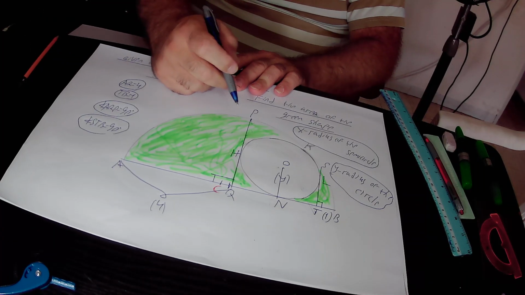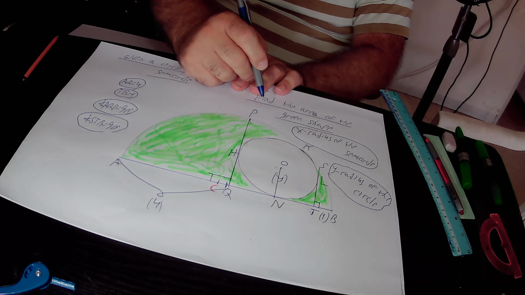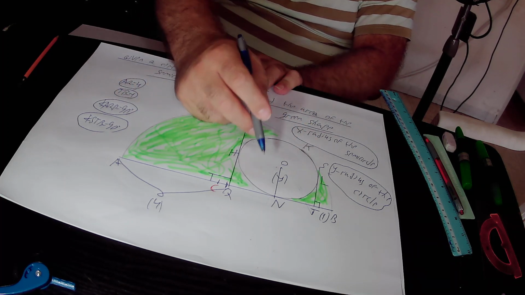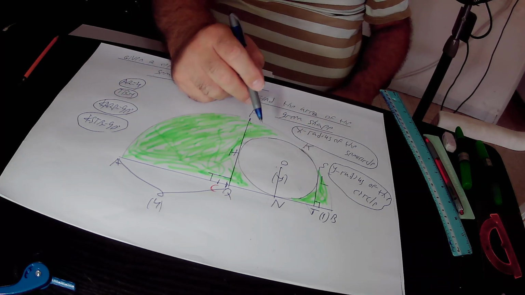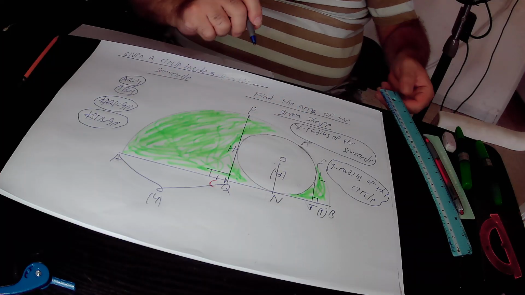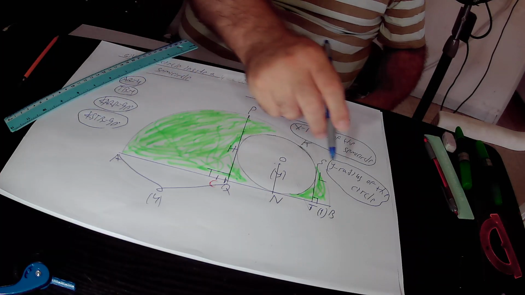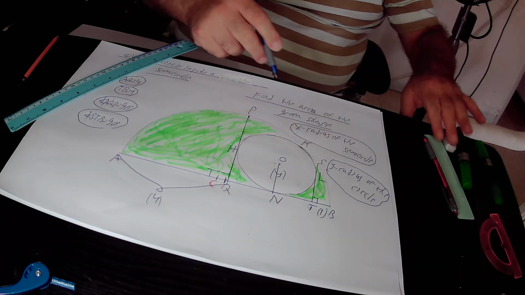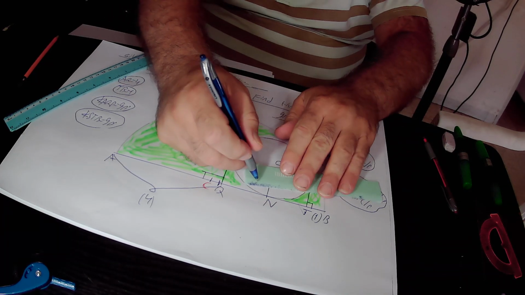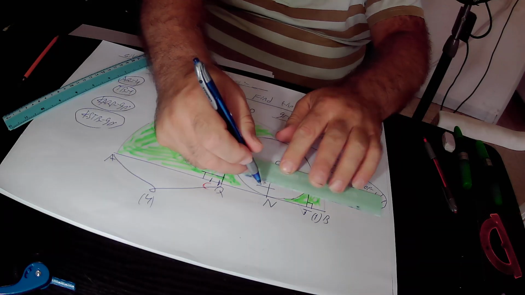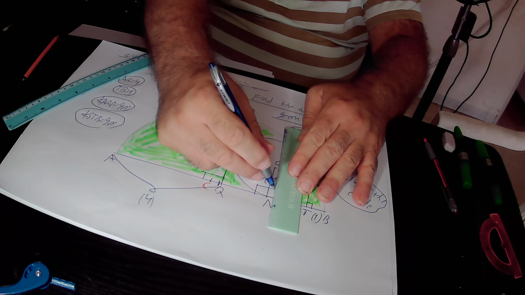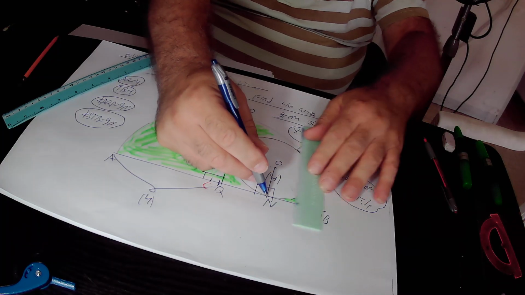The radius ON is drawn to point N, that is the point of tangency of tangent AB with this circle. And whenever you have a radius drawn to the point of tangency, then tangent AB will be perpendicular to the radius NO. If AB is perpendicular to NO, it means that this angle equals 90 degrees, and this angle also equals 90 degrees, according to rule 1.